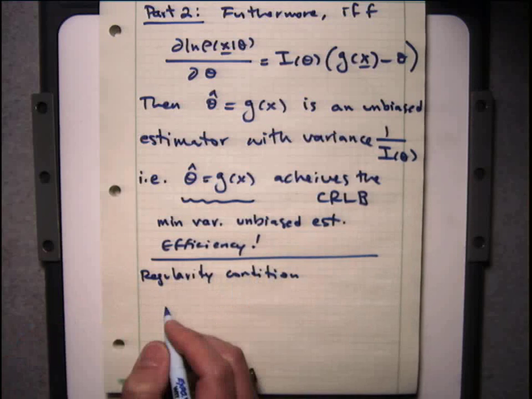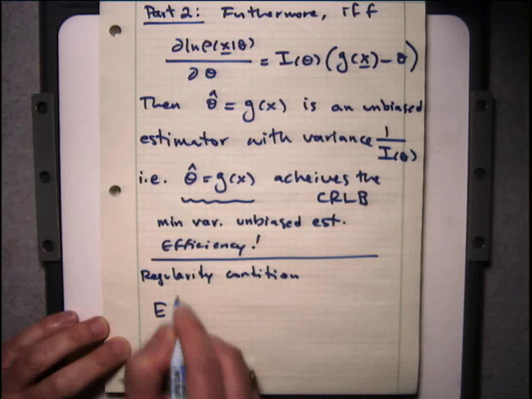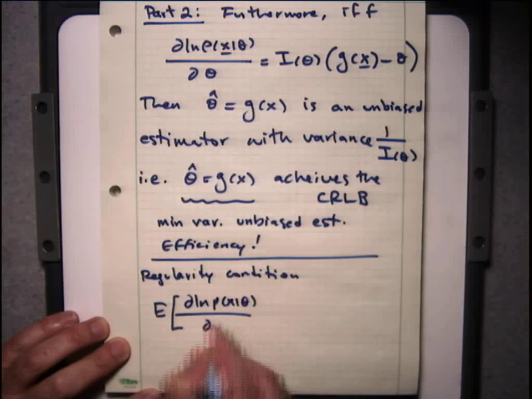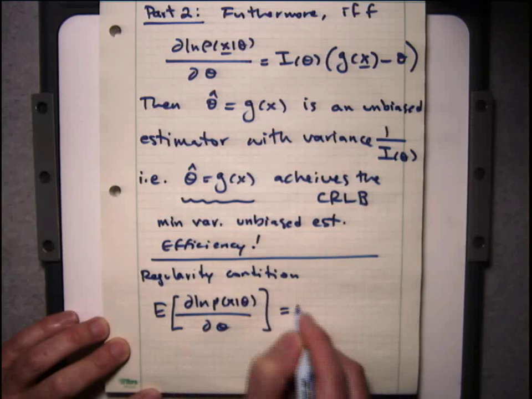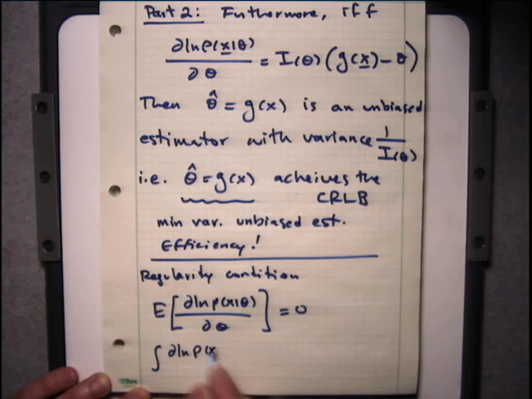So this is the expected value, and this is equal to 0. And we can write this as the integral of the derivative of the log of p of x given theta, times p of x given theta, dx. This is equal to 0.